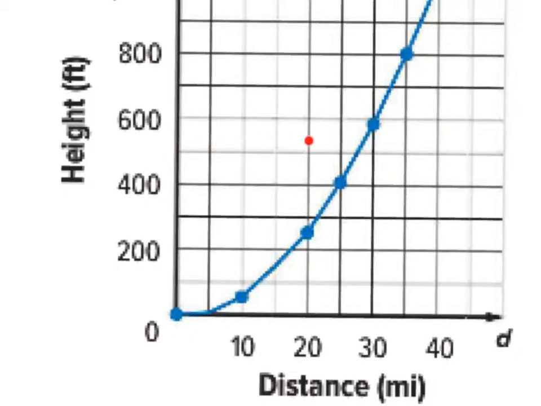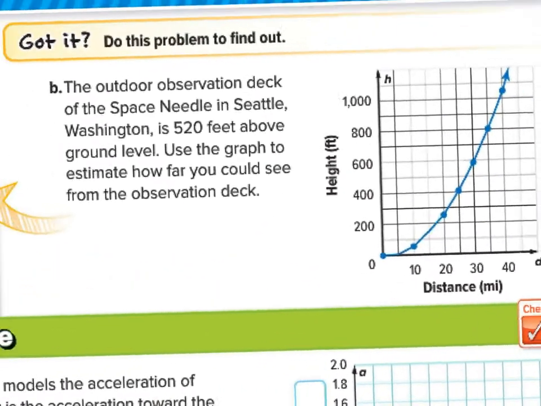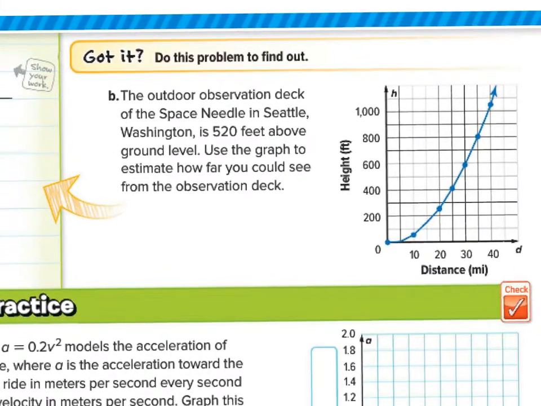And when we go straight across to about there, we can see in miles approximately 28 miles, I would say. Because if this is 20, this must be 25. And right here would be about 28. So that would be my observation based on the graph. So we can say about 28 miles.